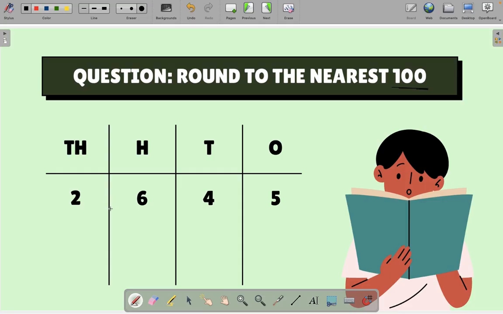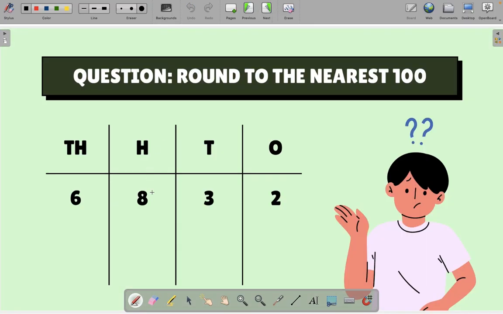Try solving this question. 2600. Yes, 2600. Again, you focus on this digit. You have to either increase this or keep this as it is. You look at this, it is less than 5, so you'll keep this as it is.